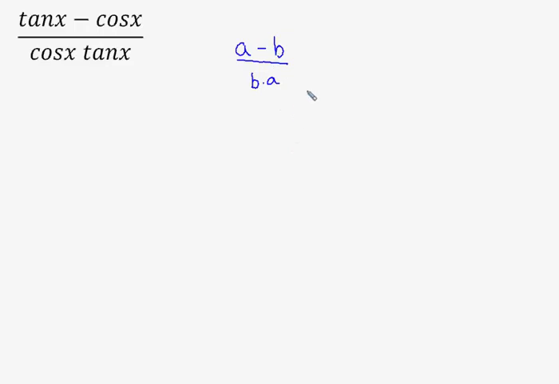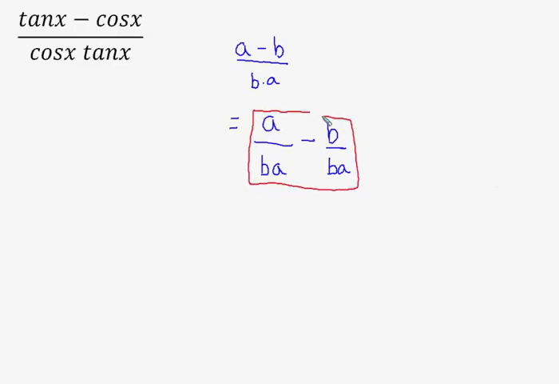So the idea is that I can write this algebraic structure as being equivalent to a over ba minus b over ba. Now you're probably used to doing the opposite of that. You're probably used to starting with this and being asked to subtract the fractions. And if you remember how that goes, you can subtract fractions as long as they have a common denominator.